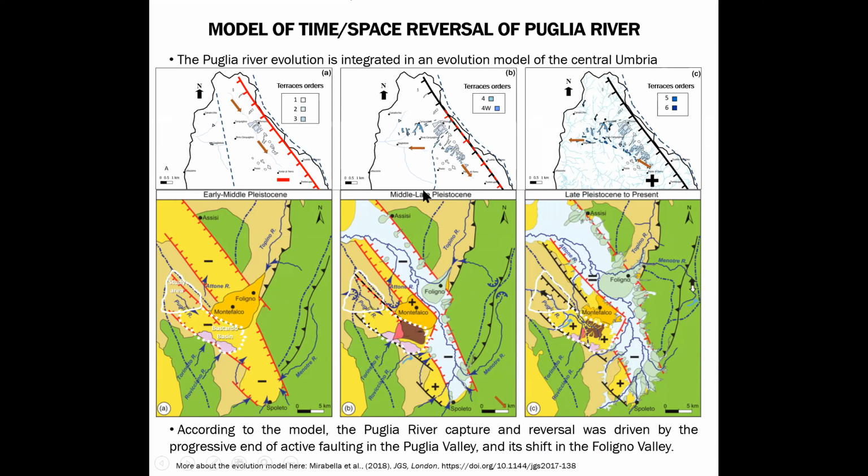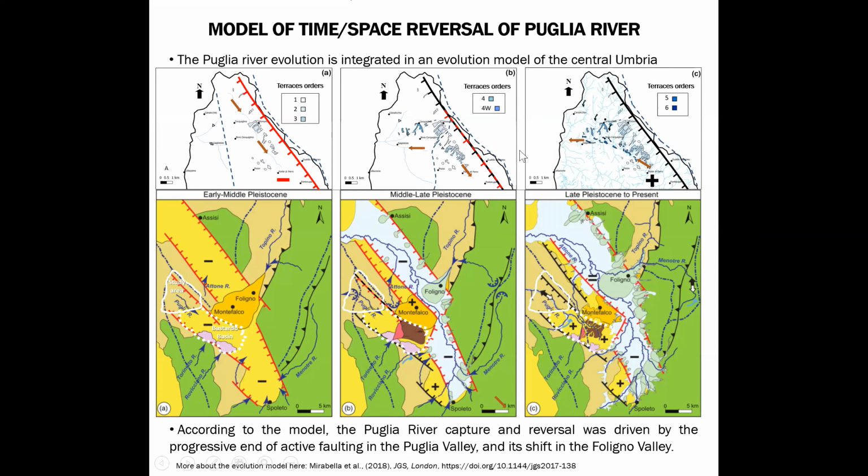During the mid-late Pleistocene, active faulting and subsidence progressively shifted toward the east, toward the Foligno Valley, while the upper course of the ancient Puglia River was progressively captured toward the west.